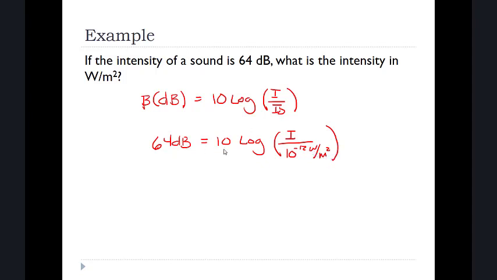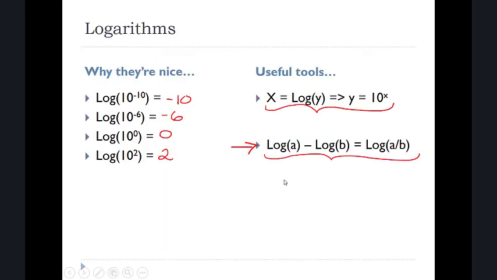Okay. So to solve this, the first thing I need to do is divide by 10. So I get 6.4 equals the log of I over 10 to the minus 12 watts per meter squared. And now I need to flip backwards again to this formula.